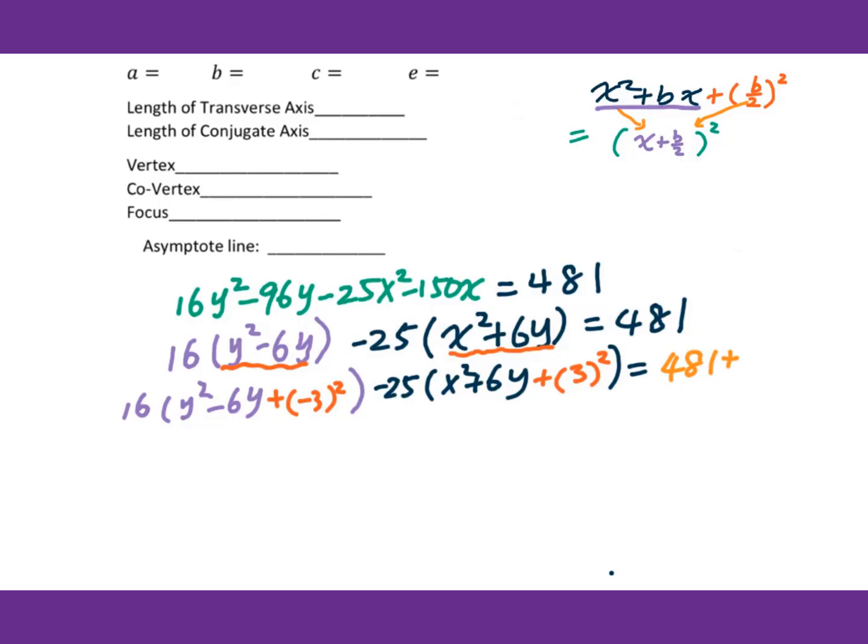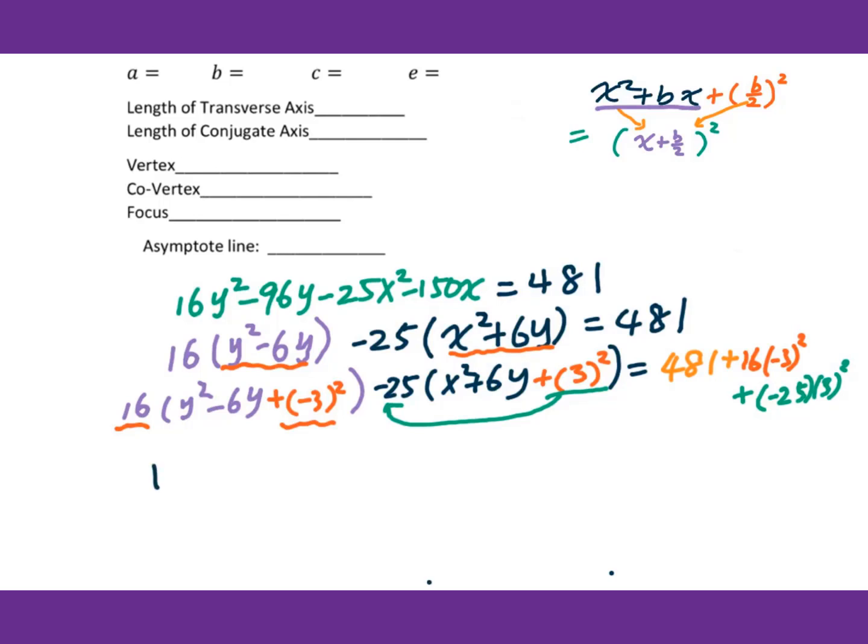Since you add negative 3 squared on the left side, you need to add it to the right side. Then don't forget this factor. So we add 16 times negative 3 squared. For this 3 squared, we have negative 25 as the factor. So add negative 25 times 3 squared.